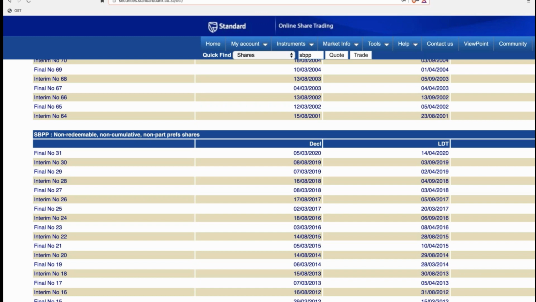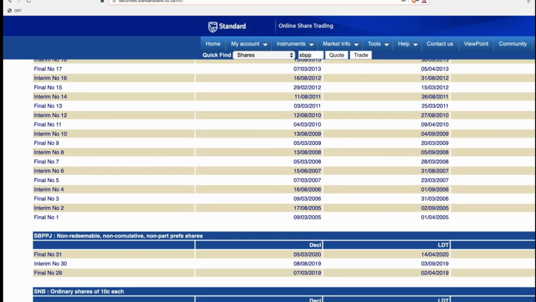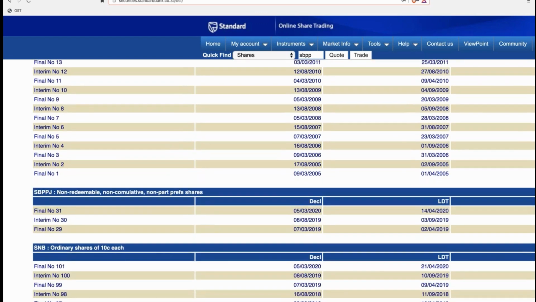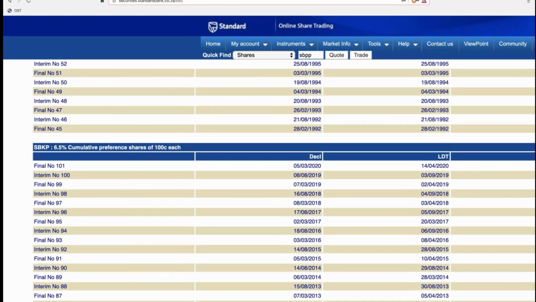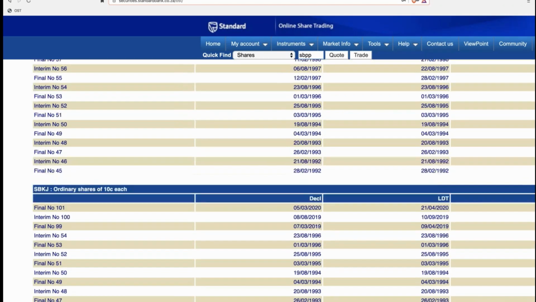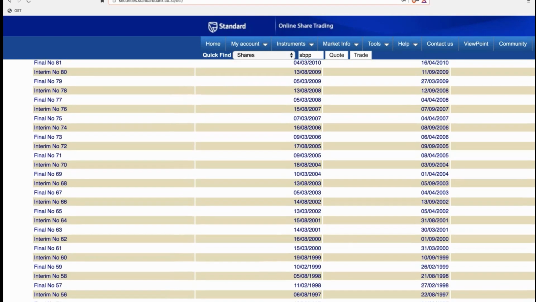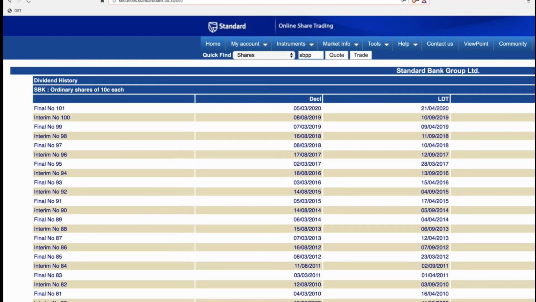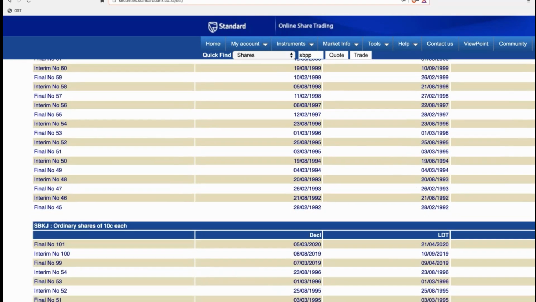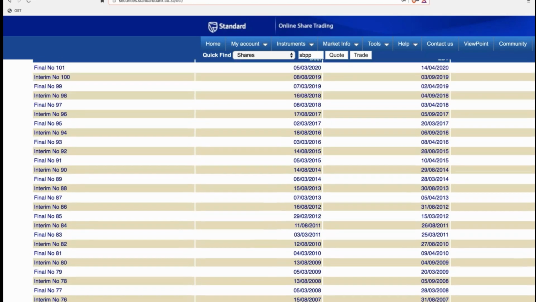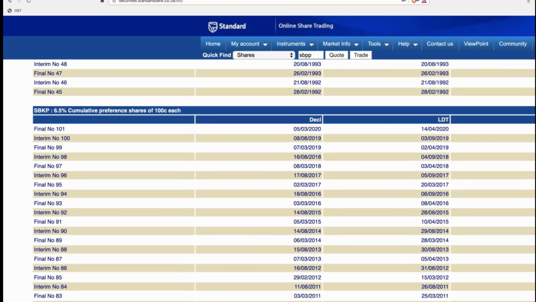Non-participating preference shares, and sometimes they're going to be different types of the pref shares. But very important is the non-cumulative. So this is a cumulative preference share, which means that if they skip a dividend, they come back and they pay it again, paying 6.5% on a 1 Rand pref share.